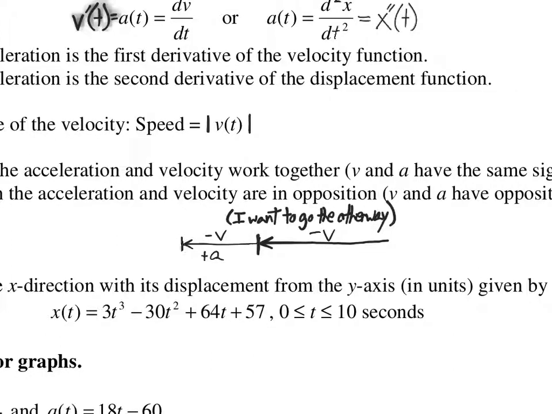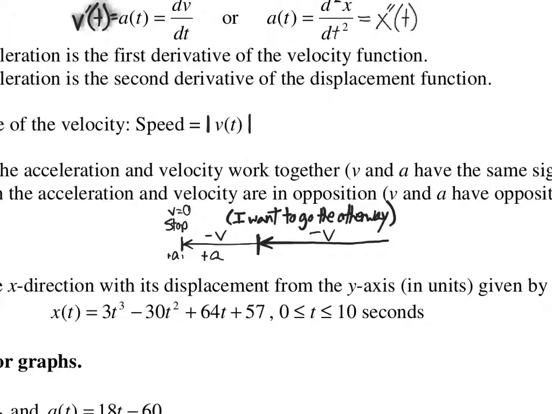Finally, we stop. That's velocity equal to 0. Now, at that moment, a is still positive. If a were staying the same, or were 0, then when we stopped, we would just stop and not move anymore.